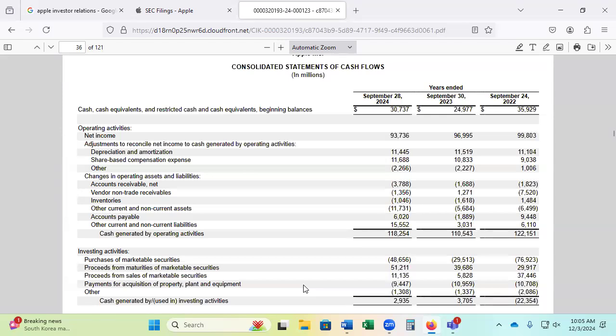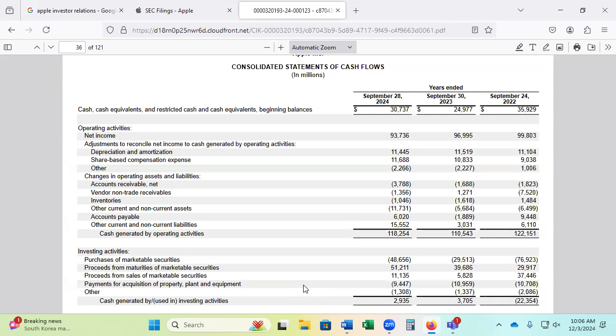How can you tell quickly? Look at net income. The direct method doesn't start with net income. It starts with cash received from customers. This one starts with net income, so it's indirect. And like I said, most companies use it, and it's pretty straightforward. Almost exactly what we did.